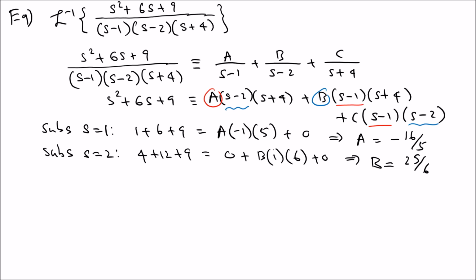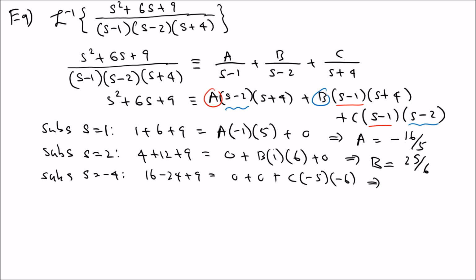Perfect. And then if you want to find C, again look at the other two terms. You can see s plus 4 is the term. That means you substitute s equal negative 4, the opposite one always. Once you do that, it is 16, and negative 4 means negative 24, plus 9, then 0, 0, and then C times, you plug in negative 4, so negative 5, negative 6.